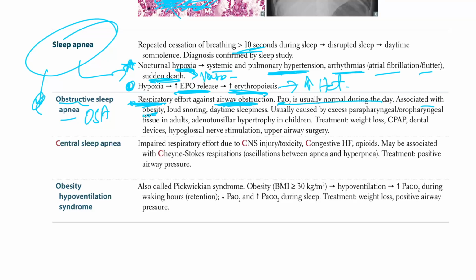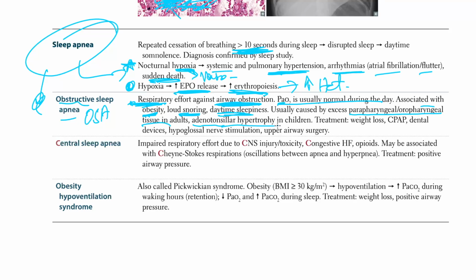What is the obstruction? Obesity. Loud snoring is one of the signs, because with so much obstruction you can have very loud snoring. Daytime sleepiness, same thing, because you're waking up for more than 10 seconds during your sleep. It's usually caused by excess parapharyngeal and oropharyngeal tissue in adults, as airway obstruction.